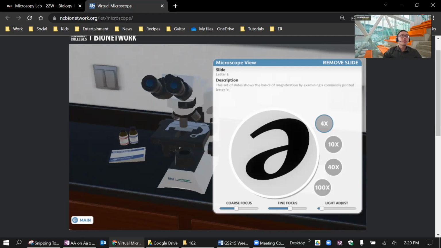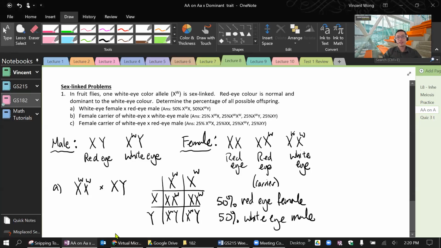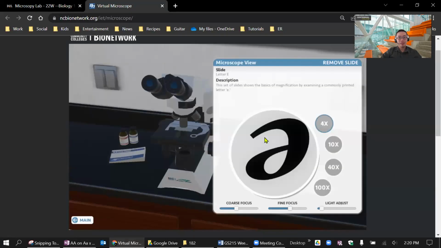Okay, upside down. Many people will put upside down as the answer, but that's not the full answer. Let me show you what's upside down. This is E. Upside down is this. But is this upside down?